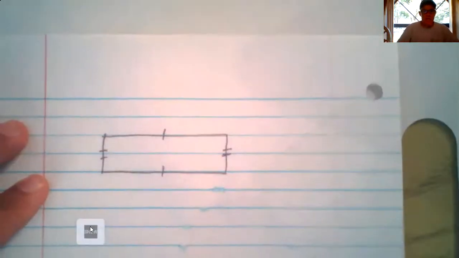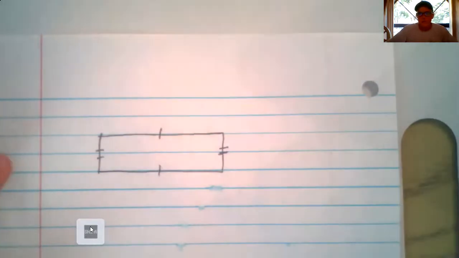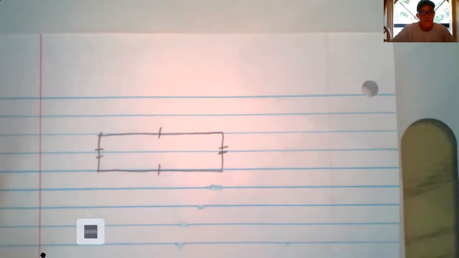It's our second pair of parallel lines. Okay, so it's very important that we understand what a pair of lines is. Those are two lines. It's very important that we understand what a pair of parallel lines is, because that is what makes these quadrilaterals the name that they are.